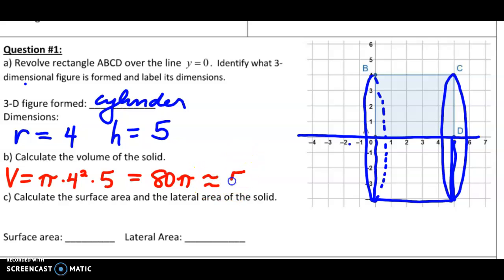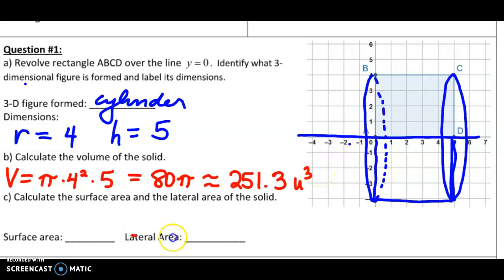That is 251.3, I believe. And that would be the volume, and that is in units cubed because you're filling something up.